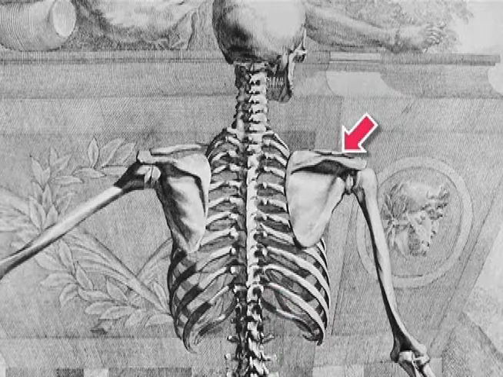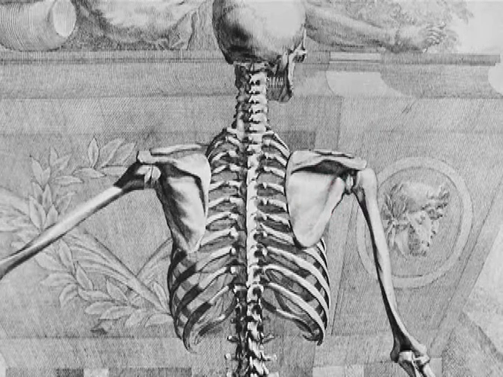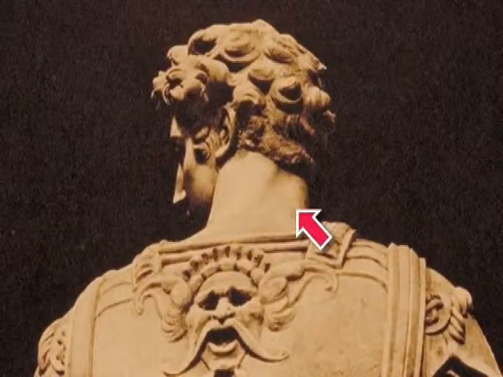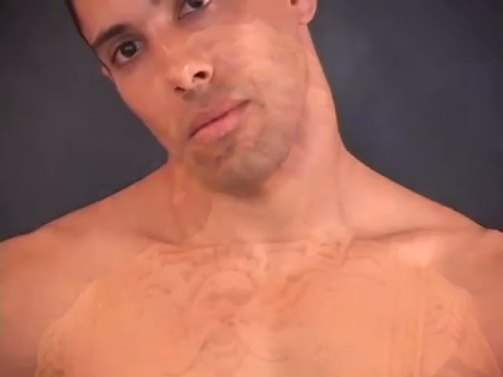It attaches to the outer third of the clavicle and the length of the ridge or spine of the scapula. On the surface, the back of the neck appears somewhat flattened due to the covering of the trapezius. These muscles also help to tilt the head side to side.